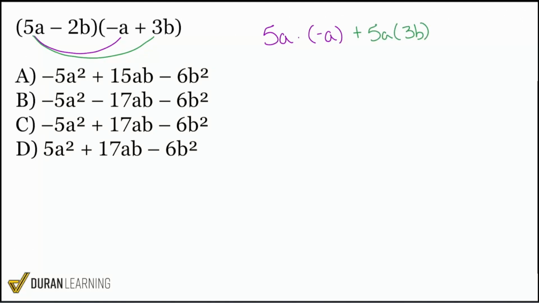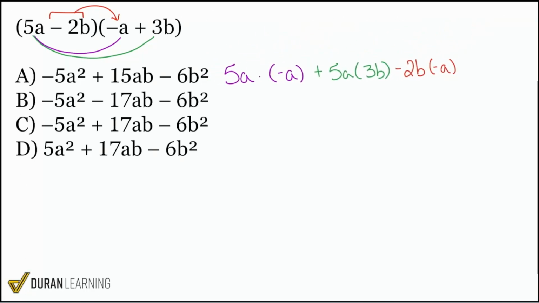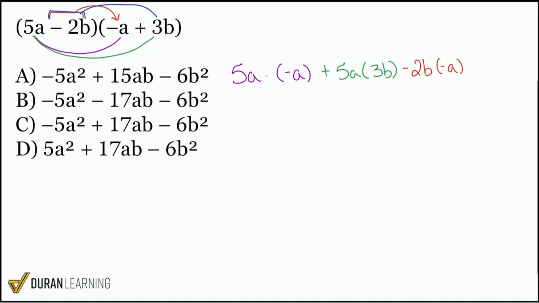Then from here, we'll continue with the negative 2b multiplied with the negative a. So minus 2b multiplied by negative a. And then from there, clearly need to go ahead and give myself a little more room. So I'll move it over to the left. And then lastly, we see that we have ourselves negative 2b multiplied with positive 3b.